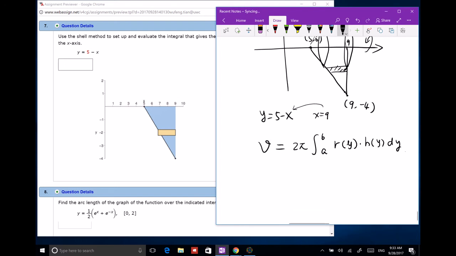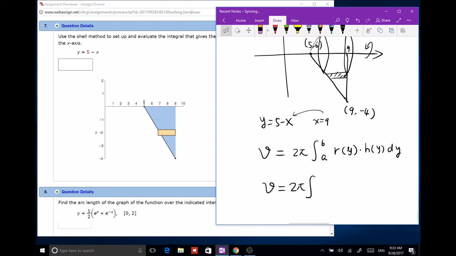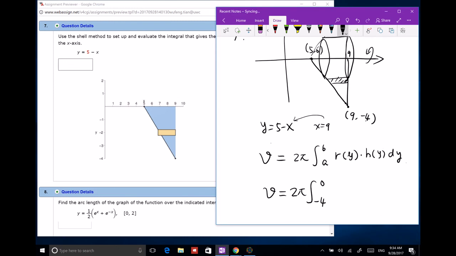Now, 2 pi, and here the values are from negative 4 to 0. So it's the integral from negative 4 to 0. The r is the y value, so negative y, times the height.